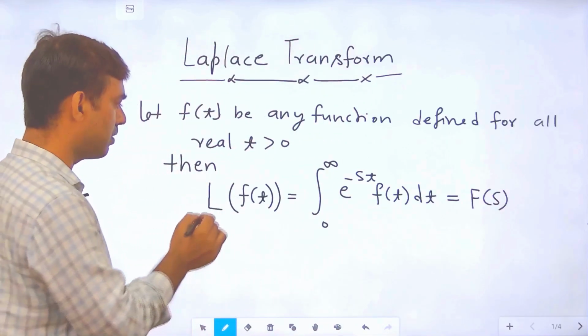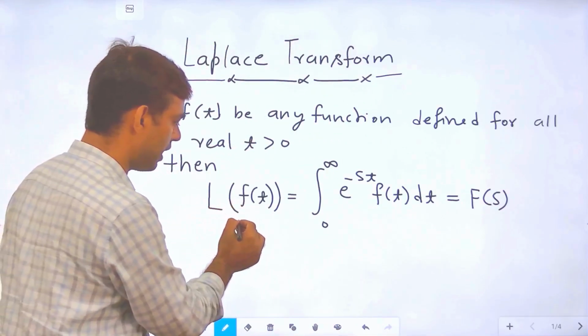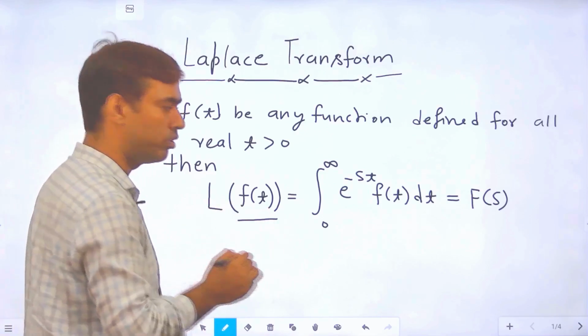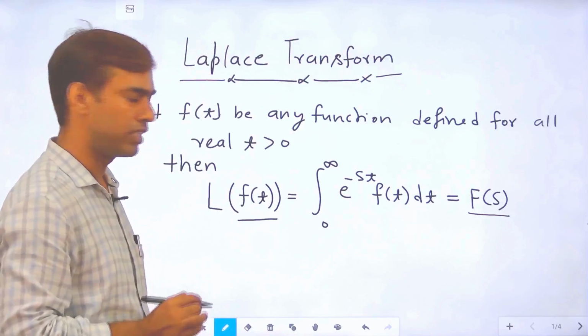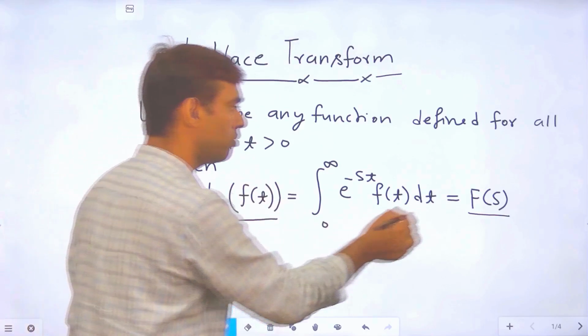So we transform the function f(t) into a capital F(s), another function. We transform from f(t) to F(s).